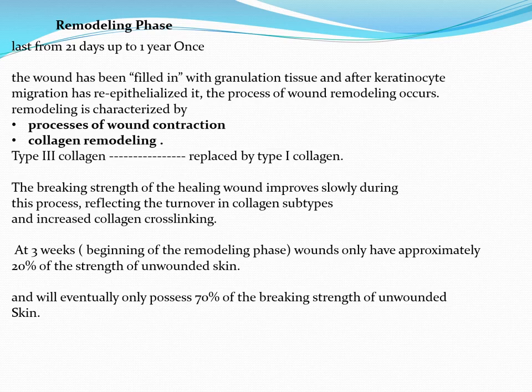At the end of the remodeling phase, the wound is going to have only 70% of its full strength, and that means the wound didn't return to its normal characters.